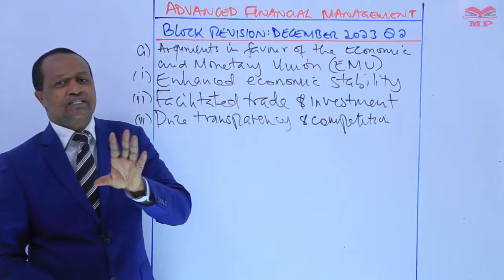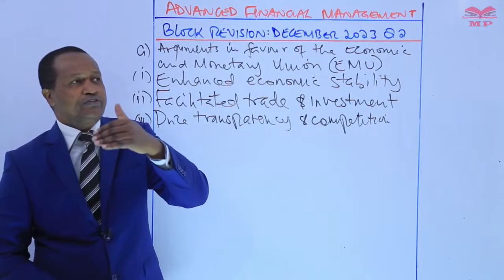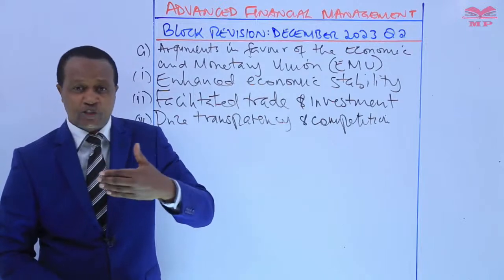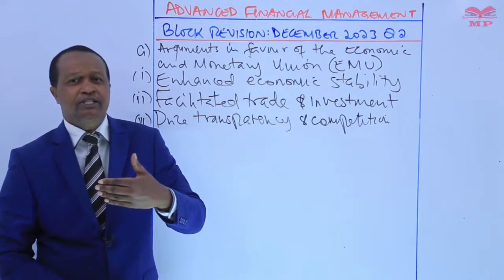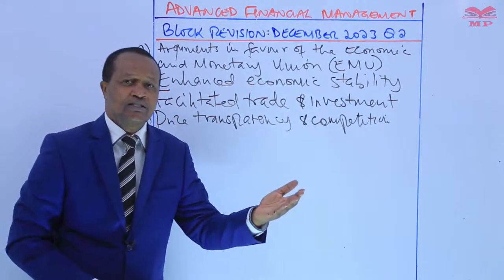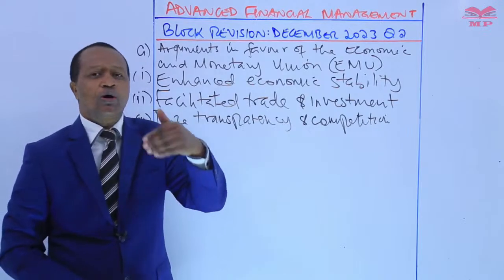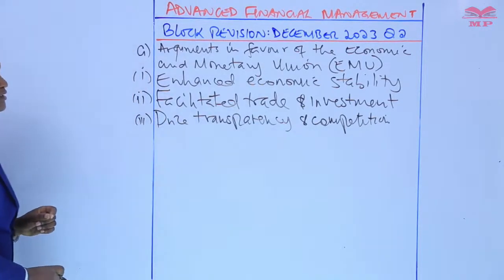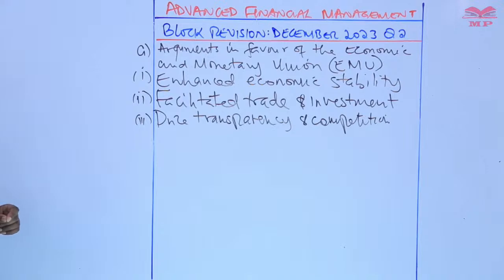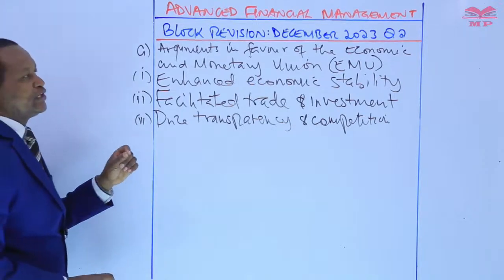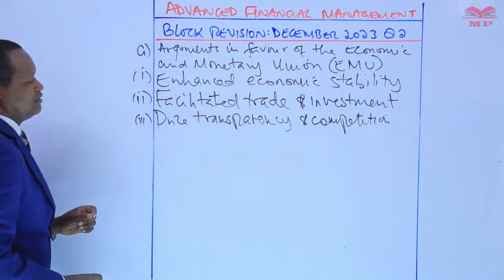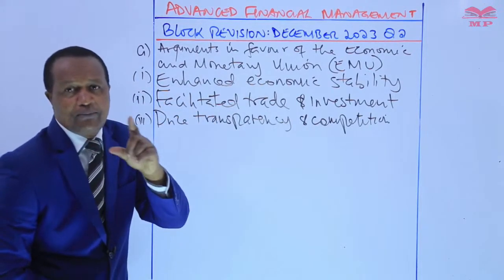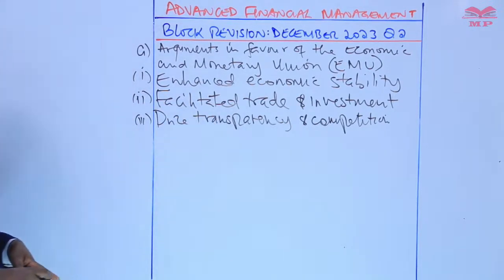And that encourages businesses to improve efficiency, to improve competitiveness, and also to attract customers, ultimately benefiting the consumers through lower prices and better quality goods and services. So a single currency promotes price transparency and competition among the member states.